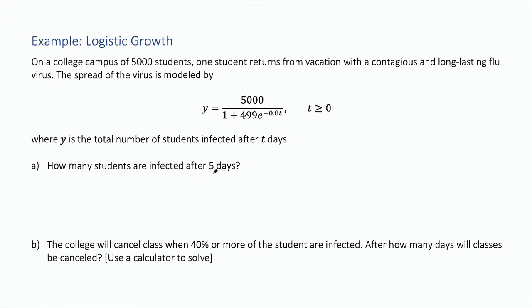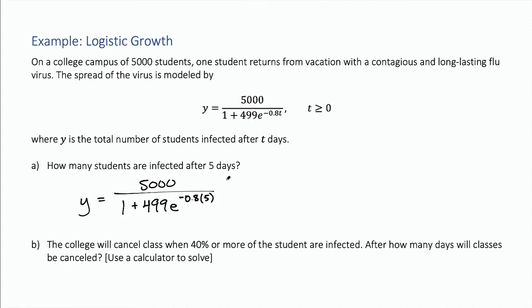That just means we're going to plug 5 in for t. So we get y equals 5,000 over 1 plus 499 e to the negative 0.8 times 5.